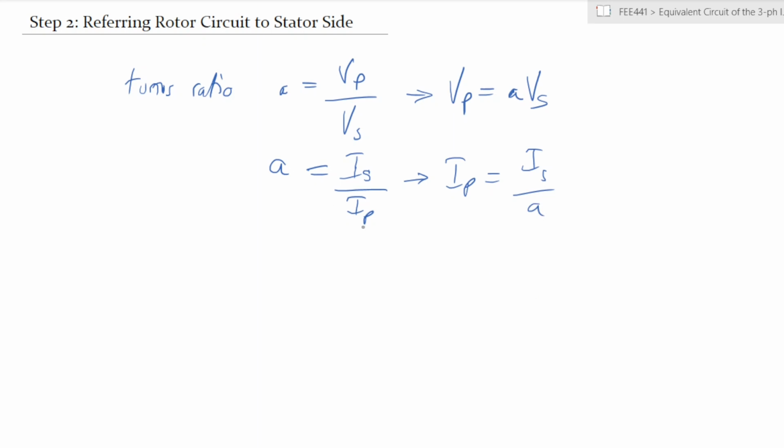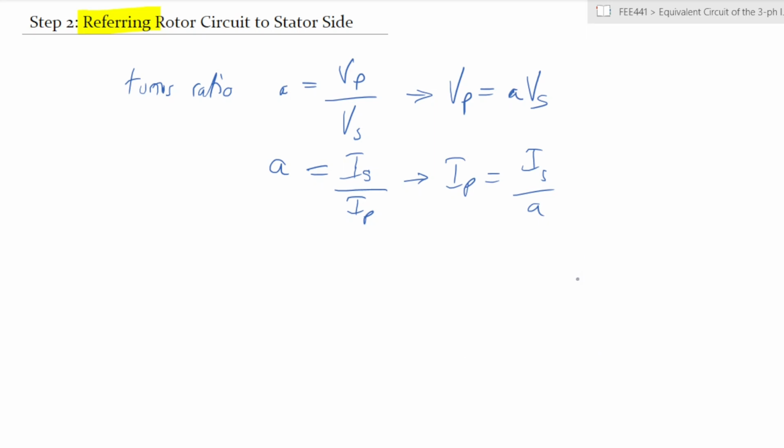Okay. Now, what if we said we want to look at it from the rotor side? If we are using the word referring, I'm sure you've heard this word before. We want to refer the rotor circuit to the stator side.